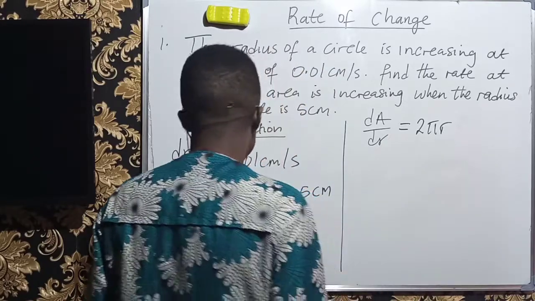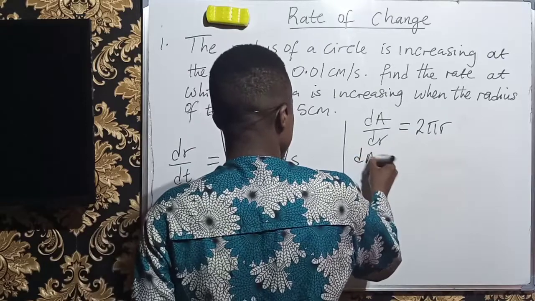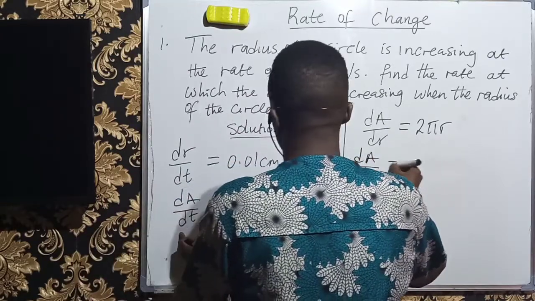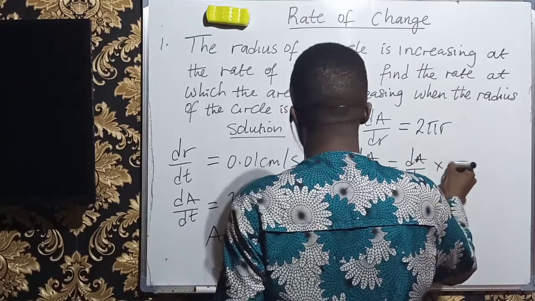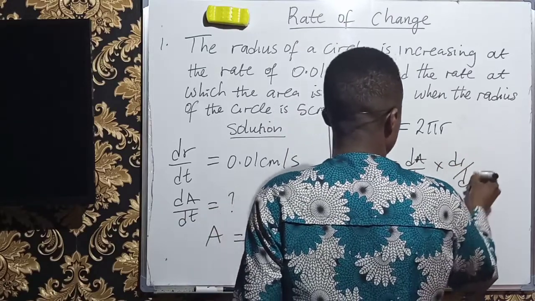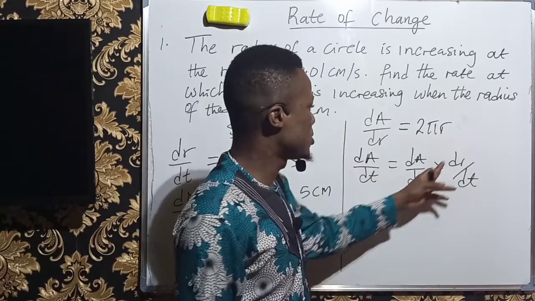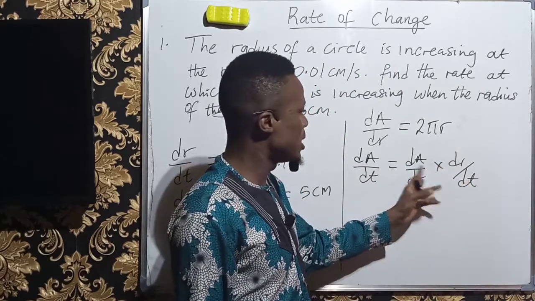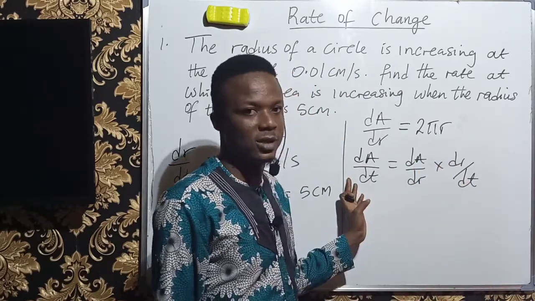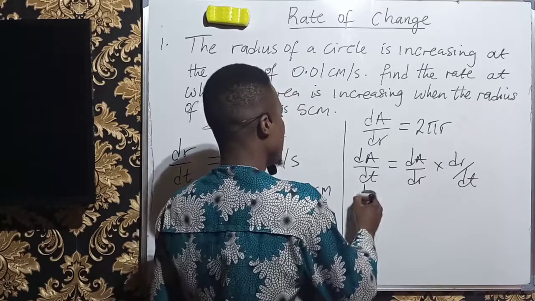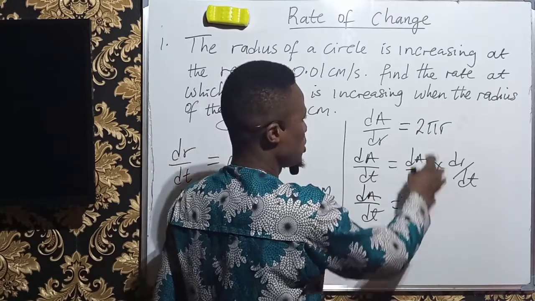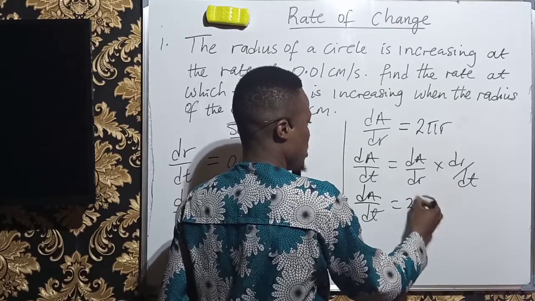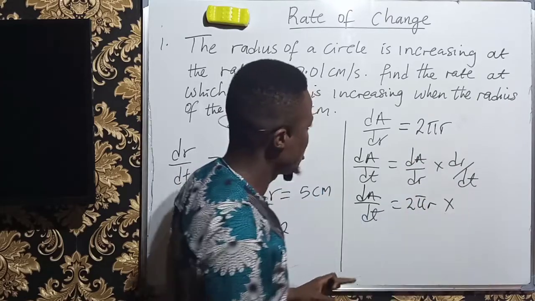From chain rule, we shall know that dA dt, which we are looking for, should be dA dr times dr dt. You can see that when dr cancels the dr, you shall still get dA dt, which is what we have at the left hand side here. Hence, my dA dt will give me dA dr, which is 2 pi r times dr dt.